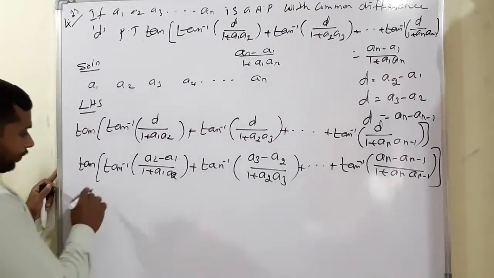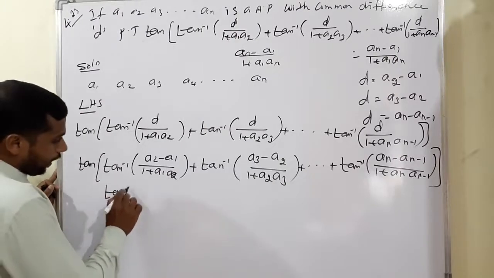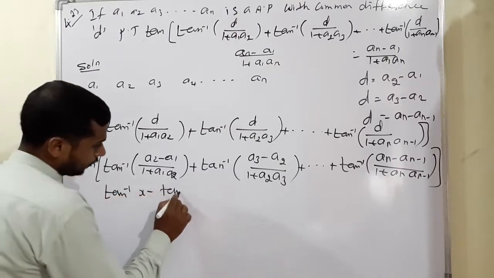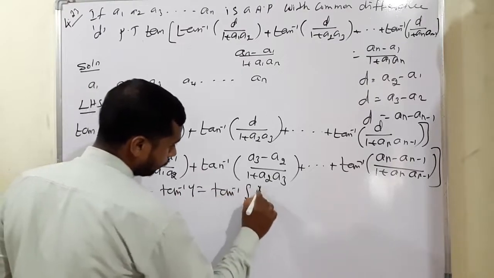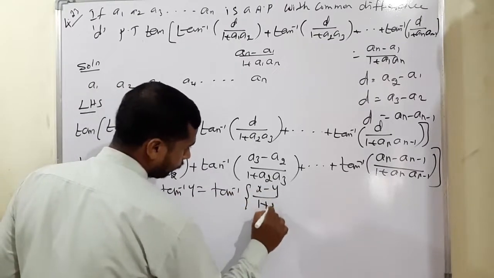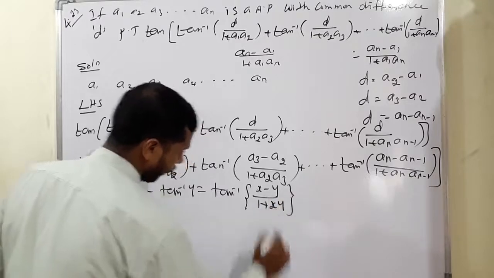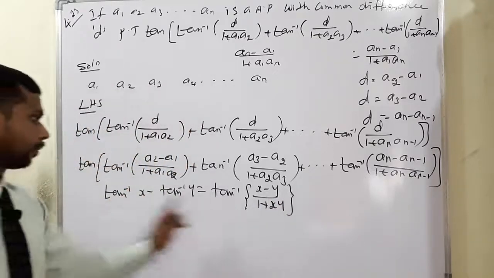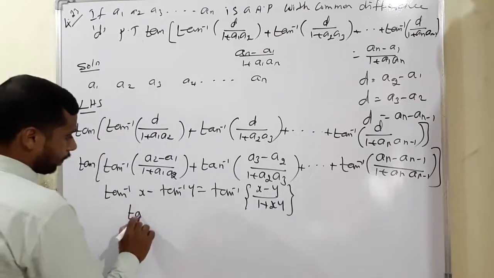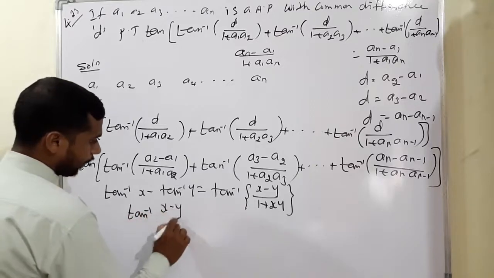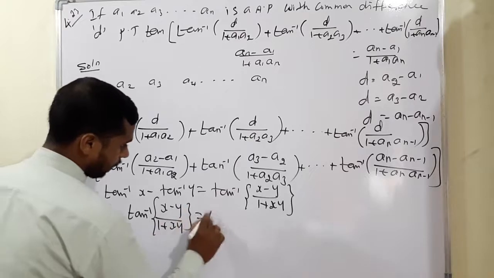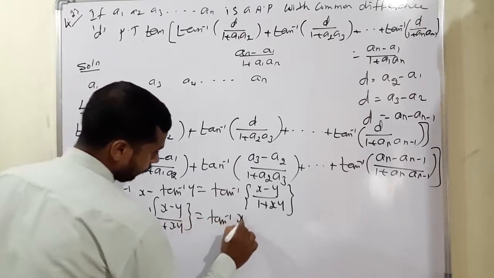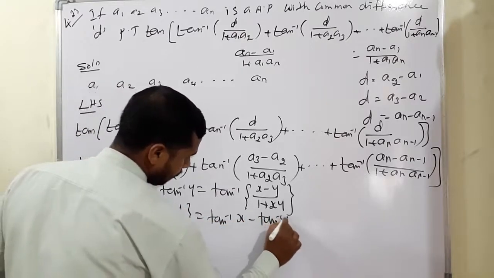So this is one of the formulas. What is the formula? Tan inverse x minus tan inverse y is equal to tan inverse of x minus y over 1 plus xy. Just in reverse order, the same formula: tan inverse of x minus y over 1 plus xy is equal to tan inverse x minus tan inverse y.